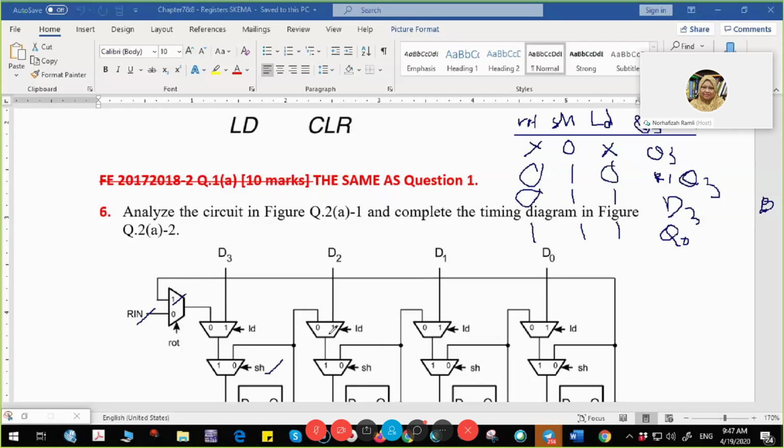So this one will take from D to 0. Now if here is 1, load. Only if this is 1, this is 1, this one now is taking from Q0. Oh, load. But Q2 is taking from D2, data, right? D2, D1, D0. All the others follow, right?